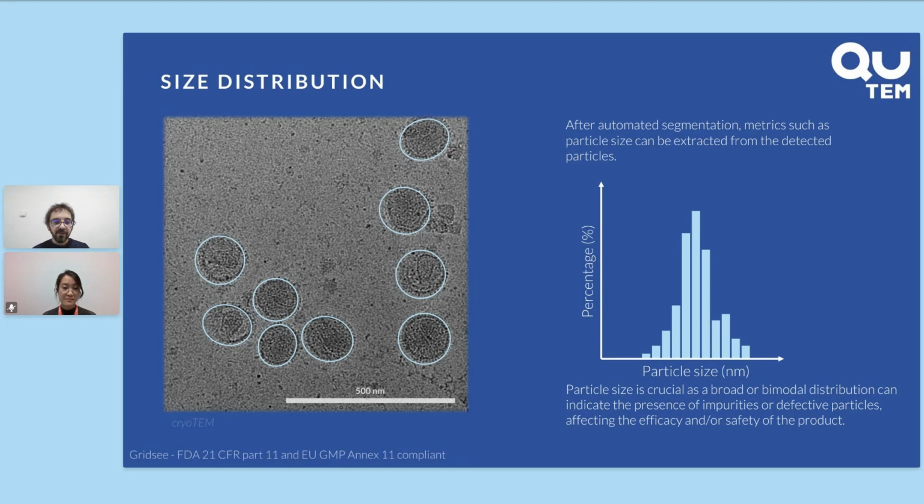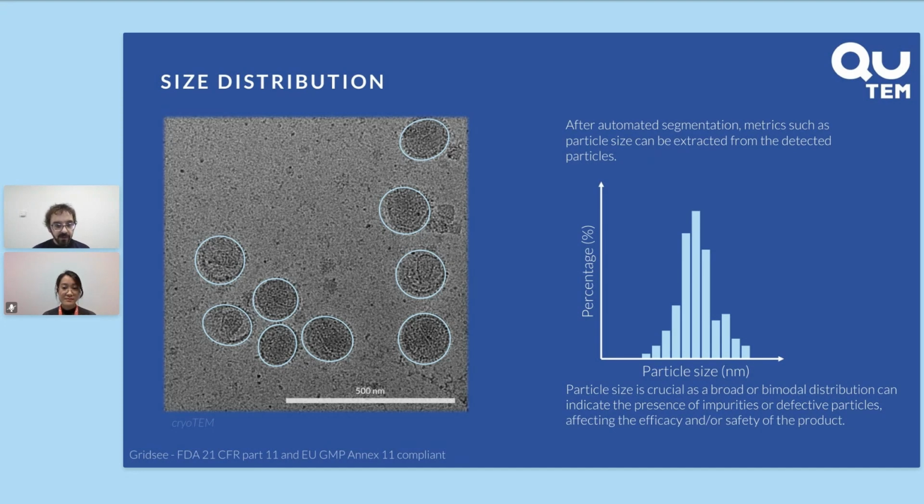When it comes to the classification, once we have detected our particles in the images, we need to classify them. Also here, it depends a lot on the particle type. For AAVs, we have very robust methods that help to not only discriminate between full and empty, but also look at the internal density to evaluate the genome length, for example, or intermediately packed particles.